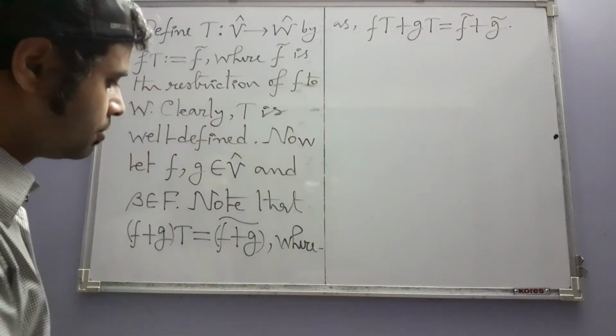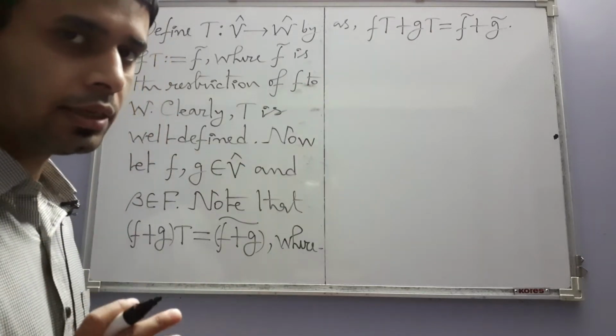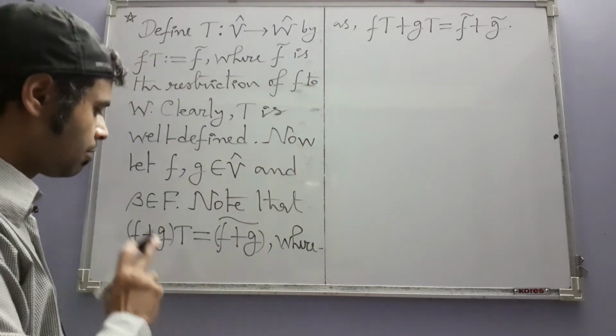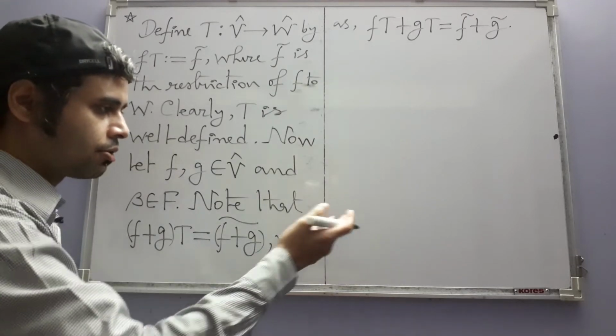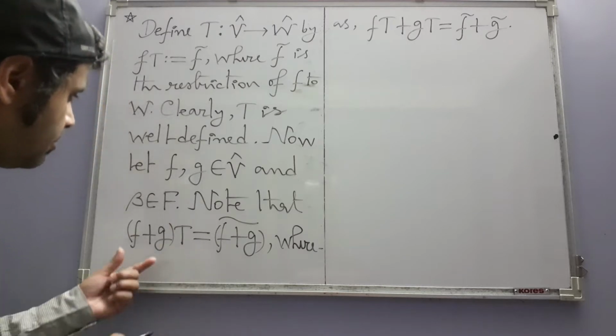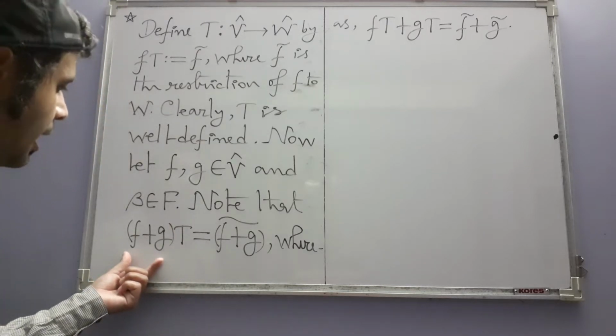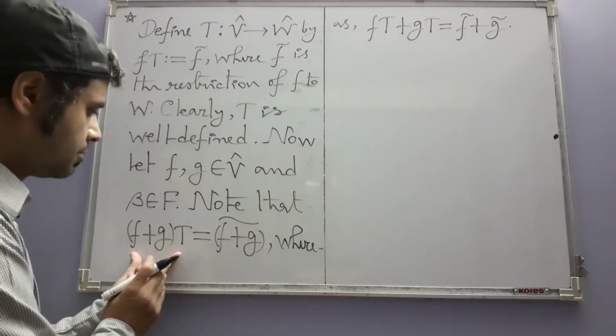Our aim is to prove that as functions, these two things are actually equal. Note one more thing, that just like what we did when we were talking about F, for T also, how are you exactly able to write this in place of this?